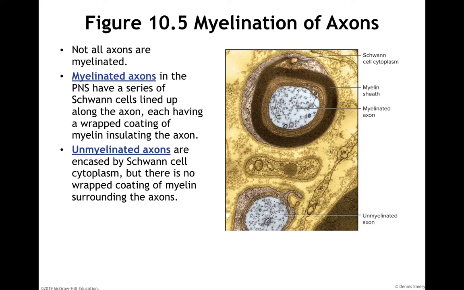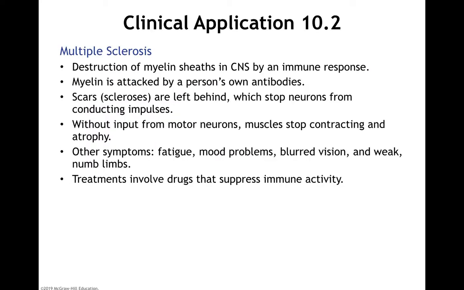The myelinated ones have a series of Schwann cells lined up with gaps between them, producing myelin and wrapping around that neuron, whereas the unmyelinated axons, while they have Schwann cells with them, those Schwann cells are not producing myelin.